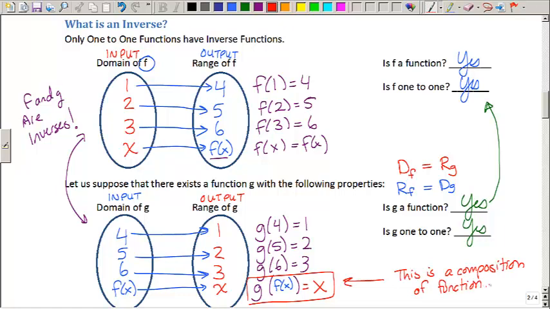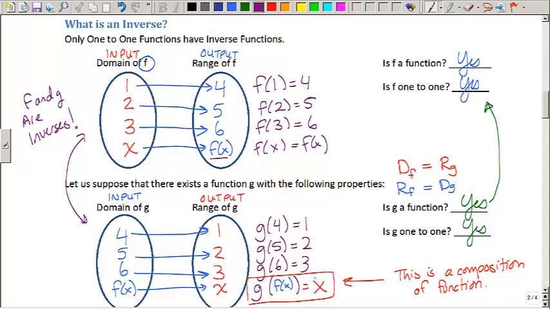And we already learned how to deal with compositions of functions before. So when we're talking about inverses, we're going to be talking a lot about compositions of functions. This means when I take g of the function f of x, I should get out x every single time.